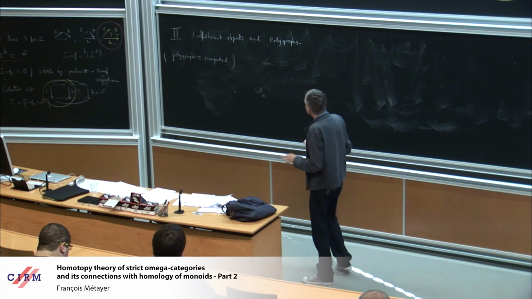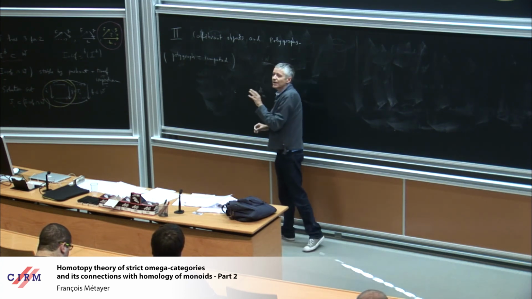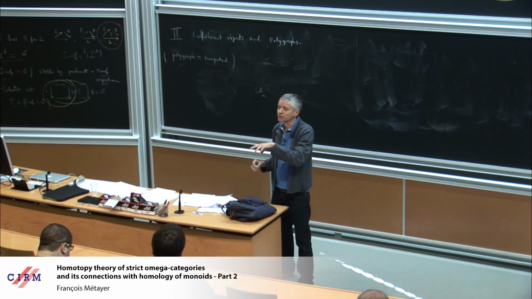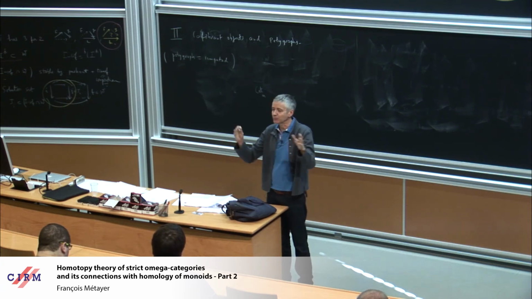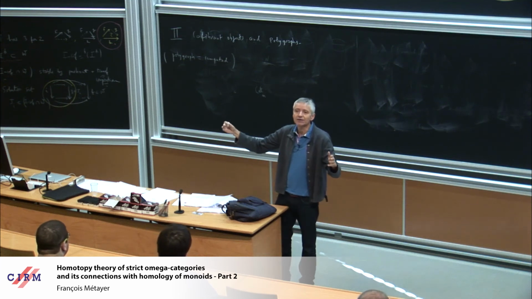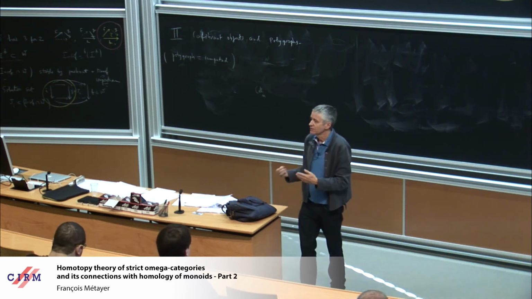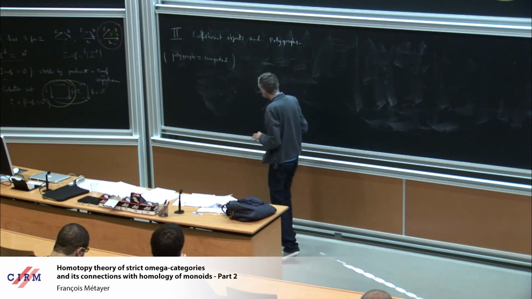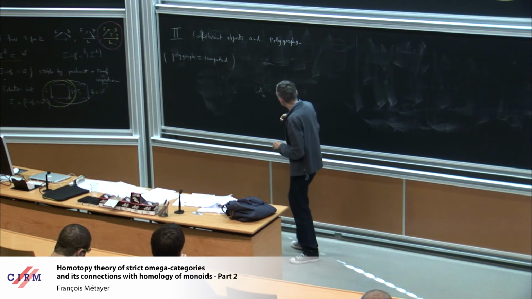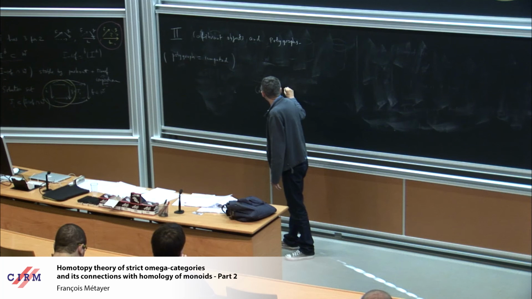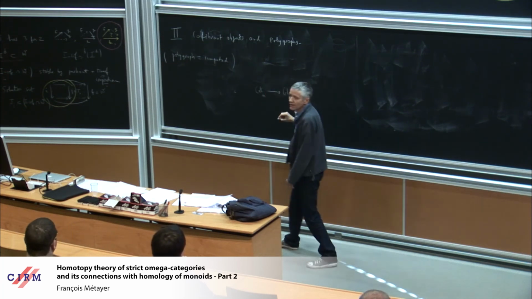I systematically consider Cat n as included in omega Cat in a natural way. So if you take a category up to dimension n, then you can always add identity cells in higher dimensions to get an omega category. I'm not really careful about that. You get a forgetful functor to n globular sets, Glob n.